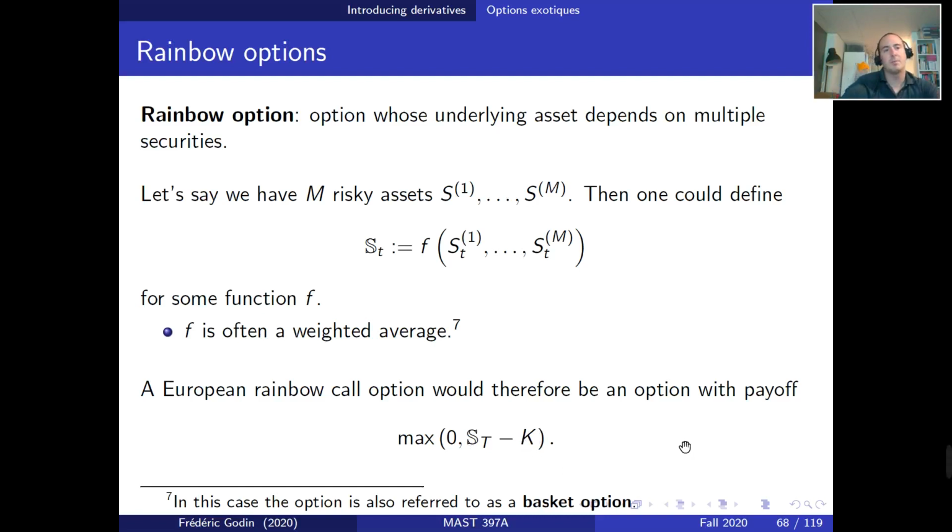So rainbow options are options whose payoff depends not only on a single underlying asset but on multiple underlying assets. We can see that the exchange option seen previously could be understood as a particular case of a rainbow option, if you set the strike to 0 and set that function to the difference between two assets.